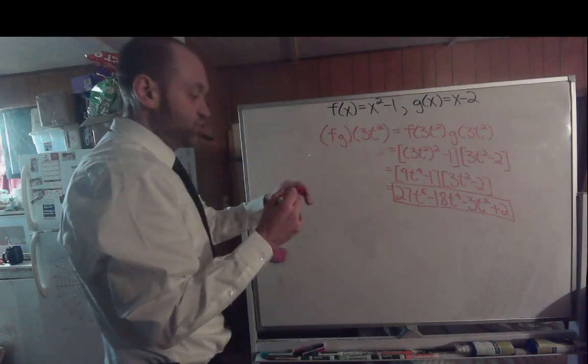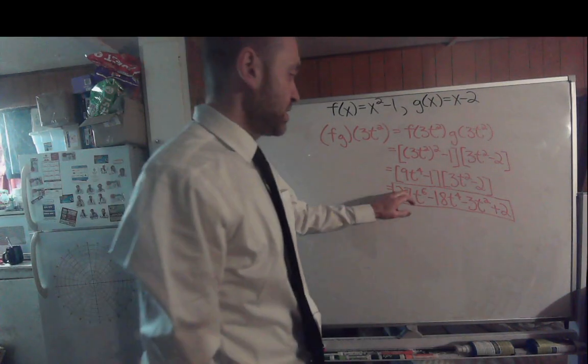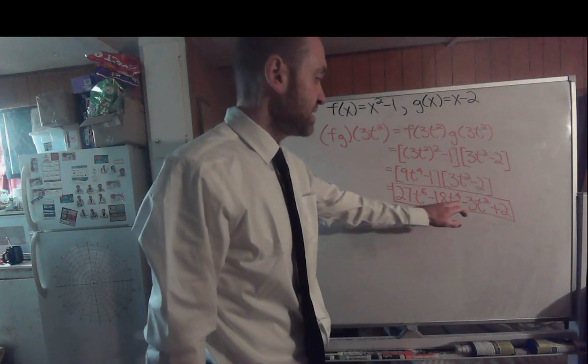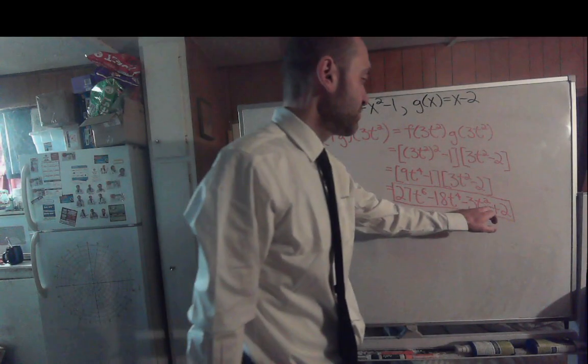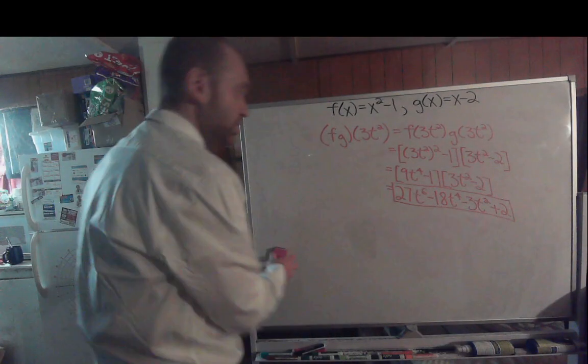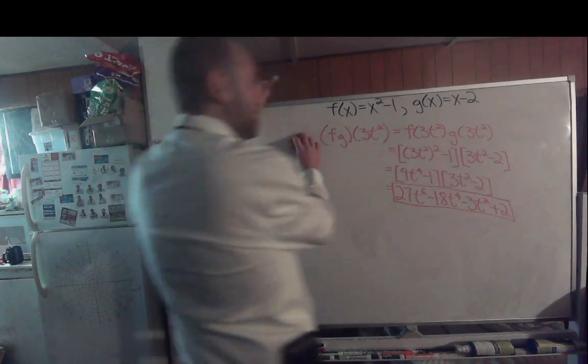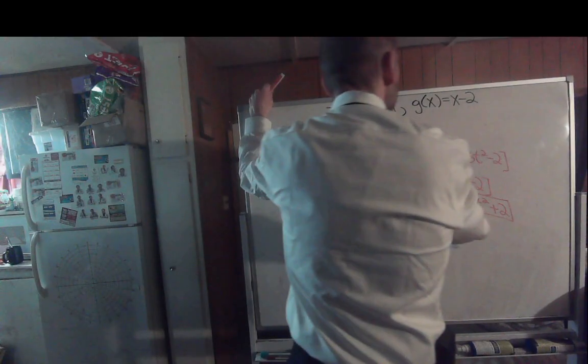So f times g of 3t squared gives you 27t to the sixth minus 18t to the fourth minus 3t squared plus 2. And you knew it, a division one was coming. A division one is definitely coming.